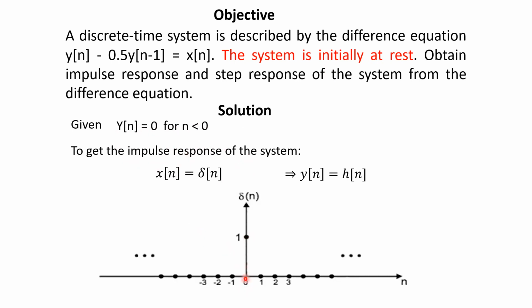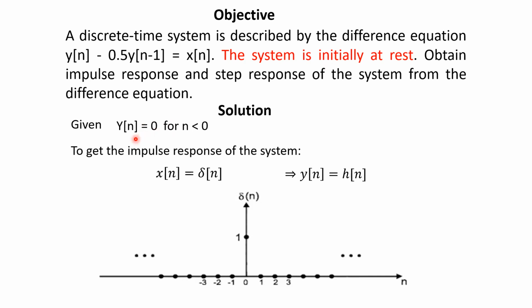For n less than 0, the input will not be available, and therefore y[n] is going to be 0. Because it is initially at rest, the response is 0 for n less than 0, for all these values of -1, -2, -3. That we have to remember.